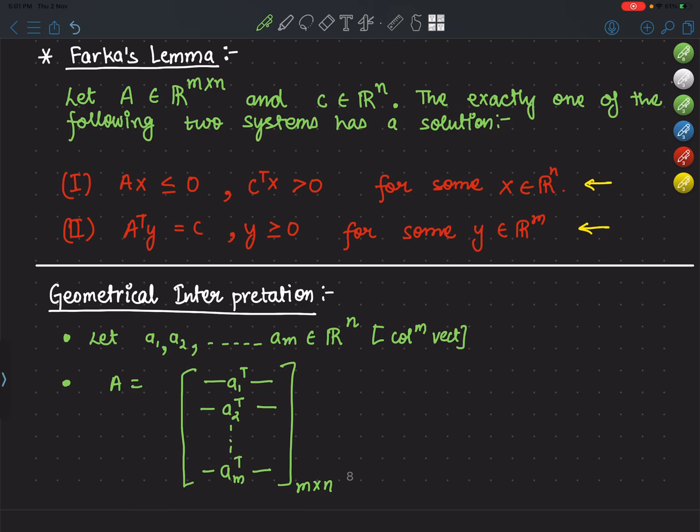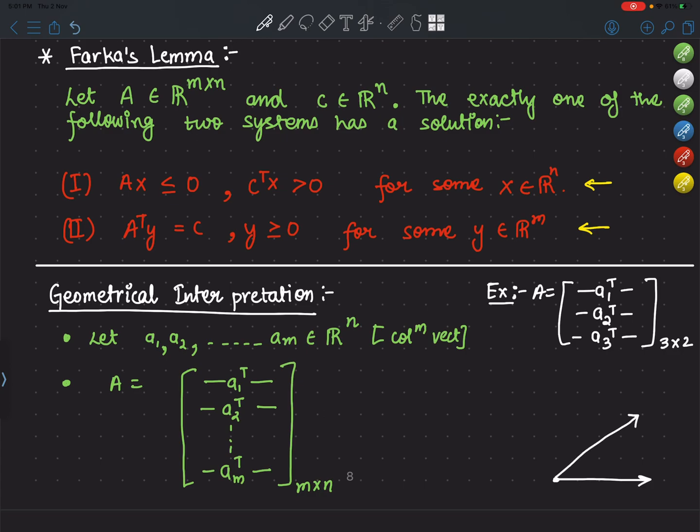For example, let's say this is a 3 cross 2 matrix, with a1 transpose, a2 transpose, a3 transpose as its rows. So what this represents is 3 vectors in R^2: a1, a2 and a3.